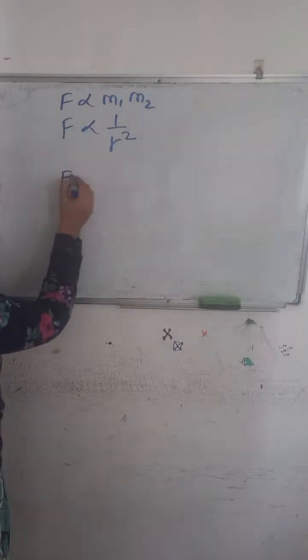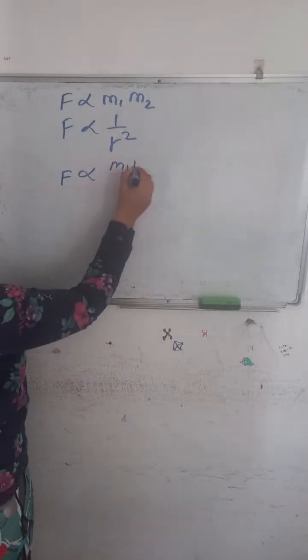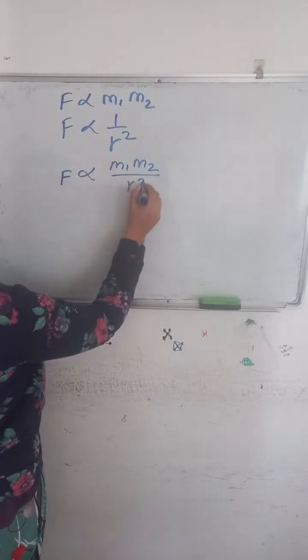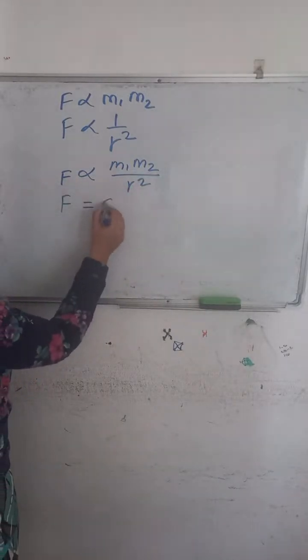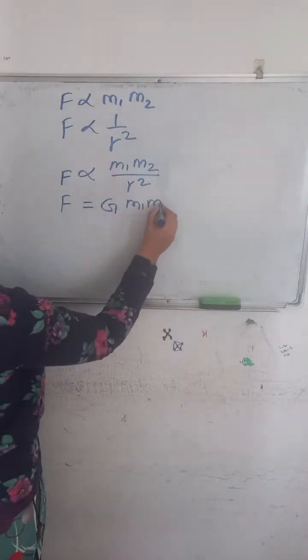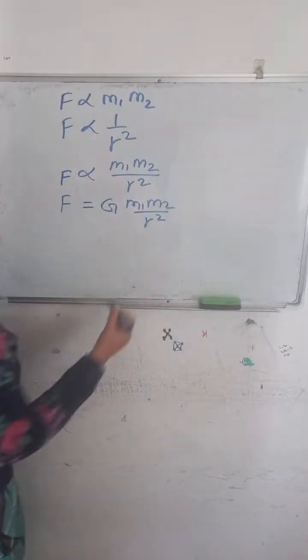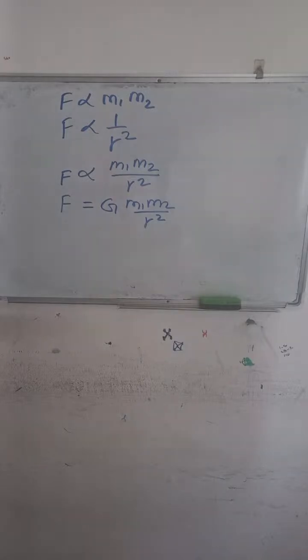If you combine both statements, force is directly proportional to m1 m2 upon r square, and if you remove the proportionality constant, F is equal to G m1 m2 by r square. This is Newton's law of gravitation, where m1 and m2 are the masses and r is the distance between them.